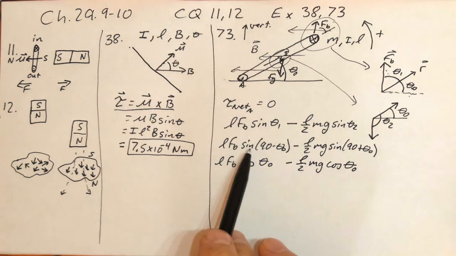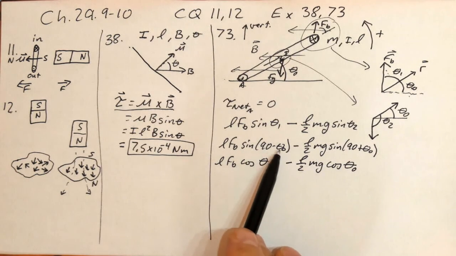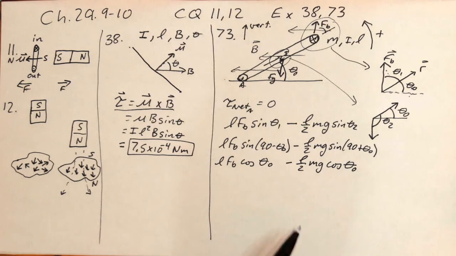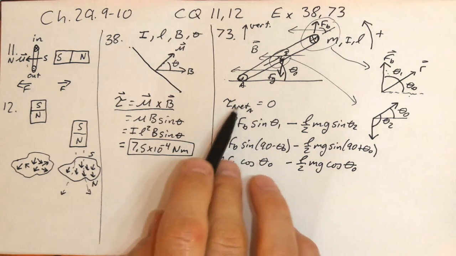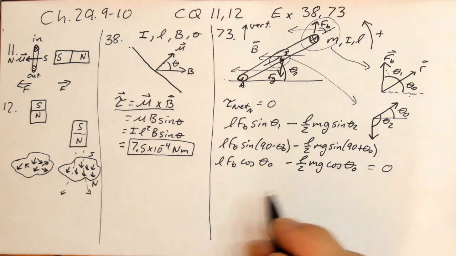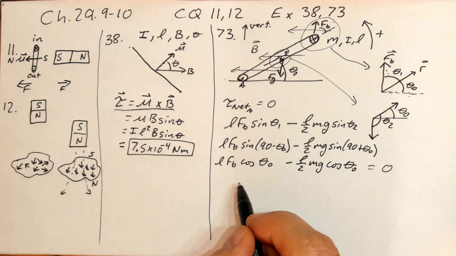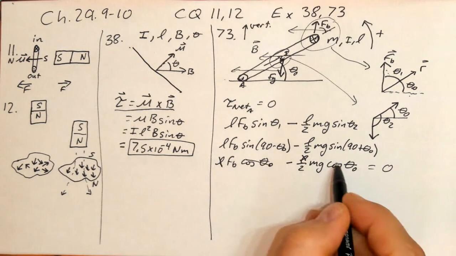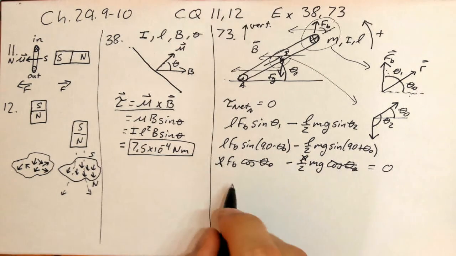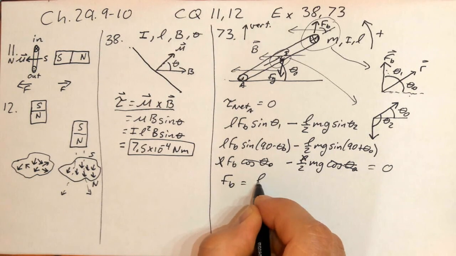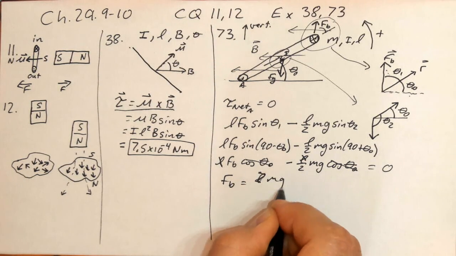Sine of 90 plus theta is the same thing as cosine of that value. With that in mind, remember all this equals 0, that's my net torque, which means I can cancel out an L and the cosine of theta. Now I can write F_B equals mg over 2.